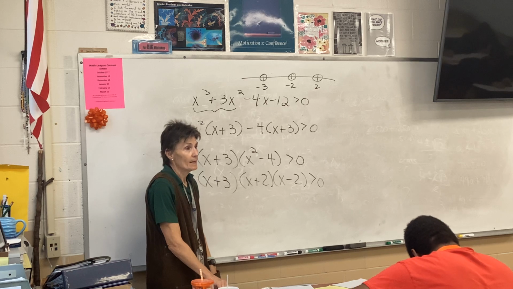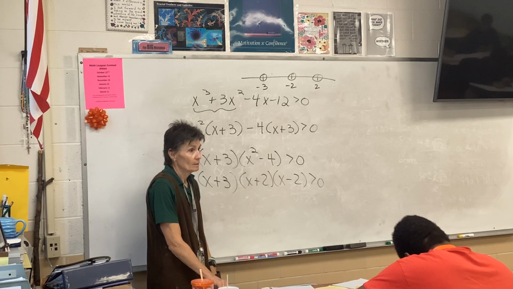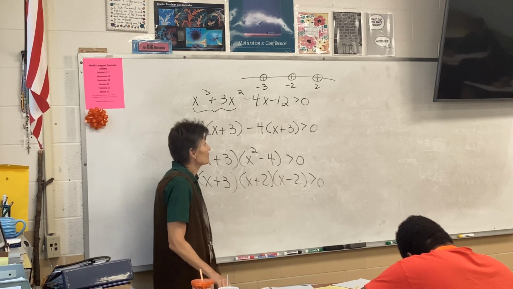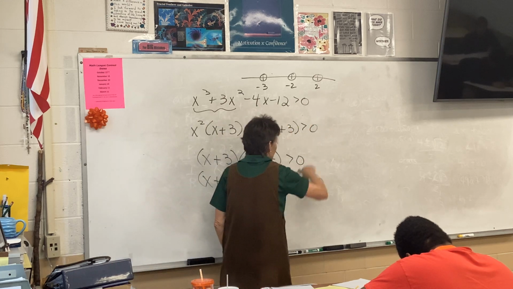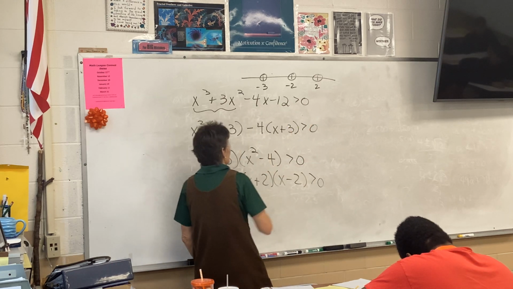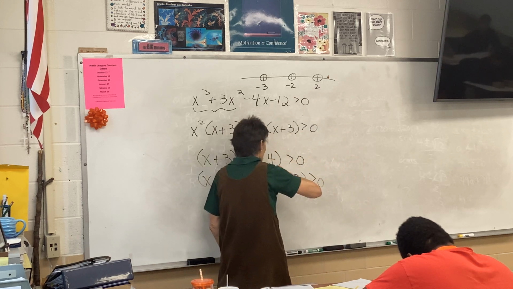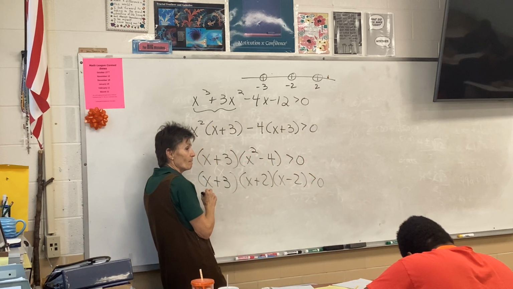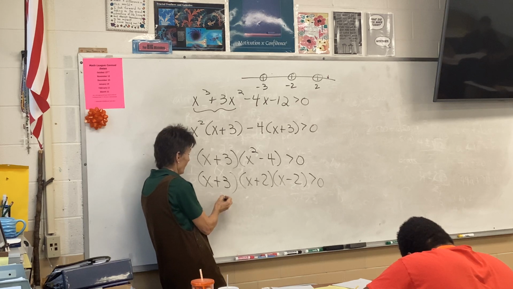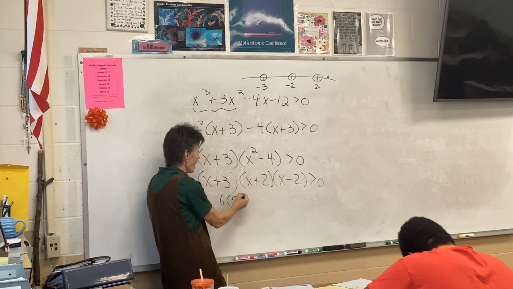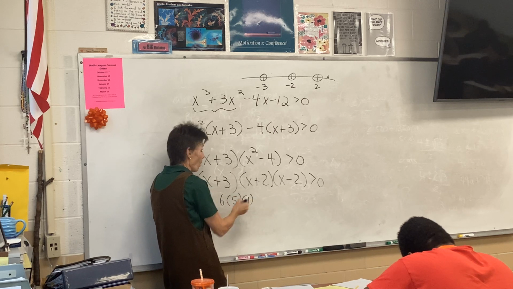Right? And now I'm going to shade somewhere. So pick a number, any number that's not a dot. 3. 3's out here. If I put 3 into my problem, I get 6 times 5 times 1.